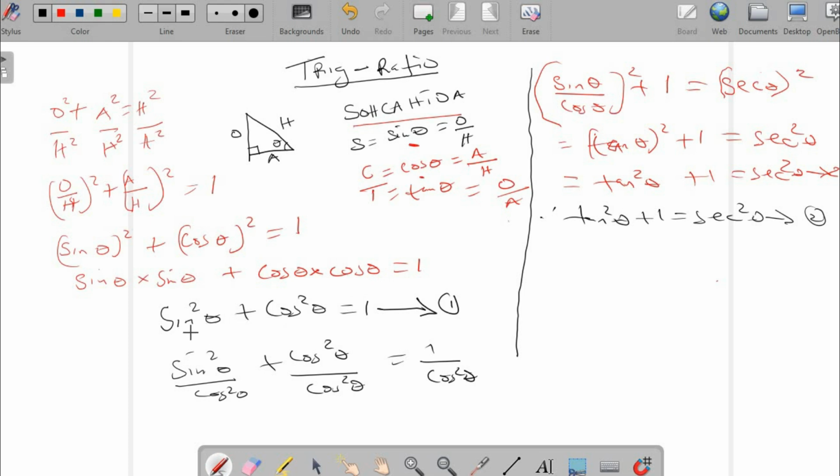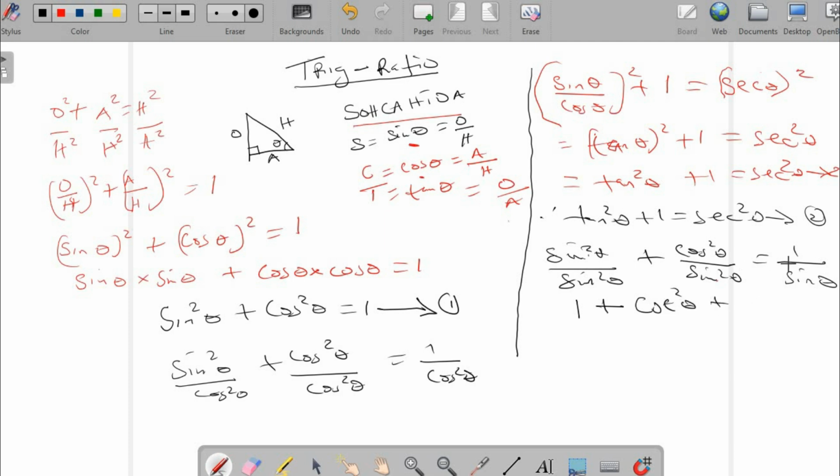Now also divide equation 1 by sine squared theta. We have sine squared theta divided by sine squared theta plus cos squared theta divided by sine squared theta is equal to 1 divided by sine squared theta. Sine squared over sine squared is 1, plus cos squared over sine squared gives us cot squared theta, and 1 over sine squared theta gives us cosec squared theta.